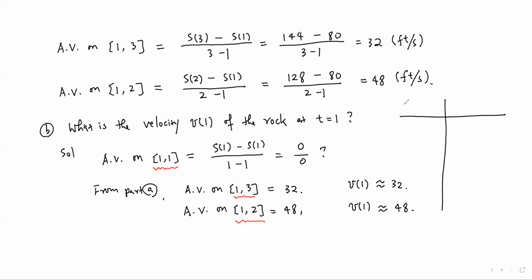The first column is interval, the second column is average velocity. Over the time interval 1 to 3, we got average velocity 32. Over the time interval 1 to 2, average velocity is 48.